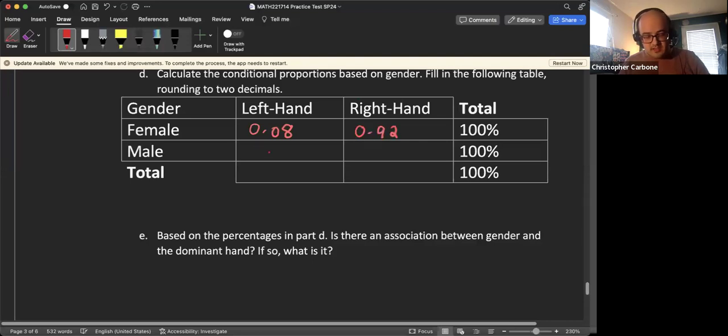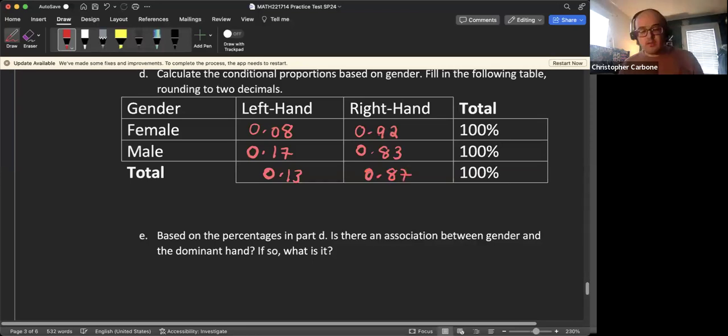For the left-handed males, dividing this time by 52, 0.17. For right-handed males, again divided by 52, 0.83. And then dividing the 13 by 100, this makes 0.13. And dividing the 87 by 100, this makes 0.87.